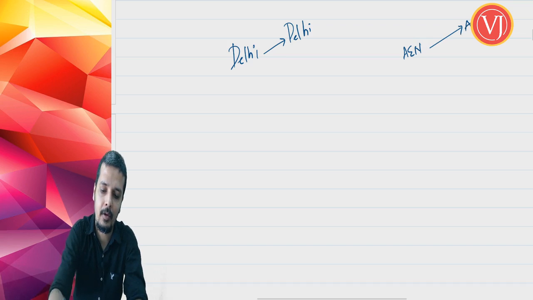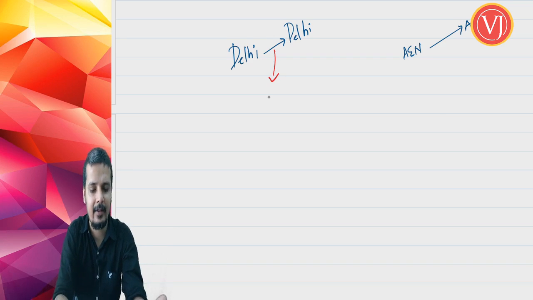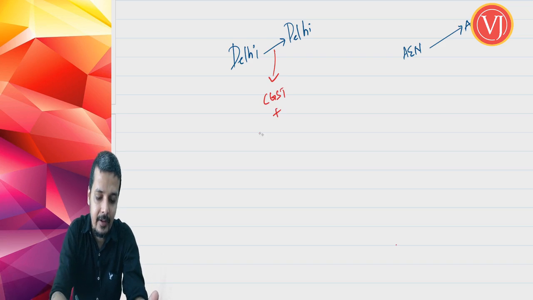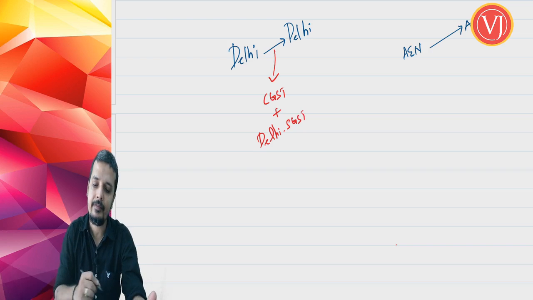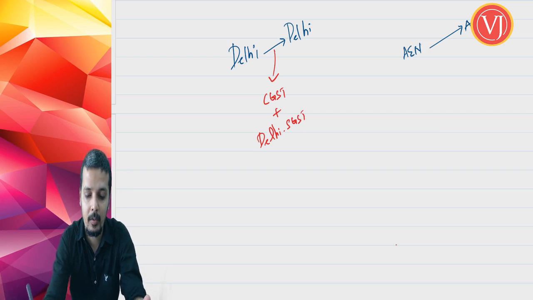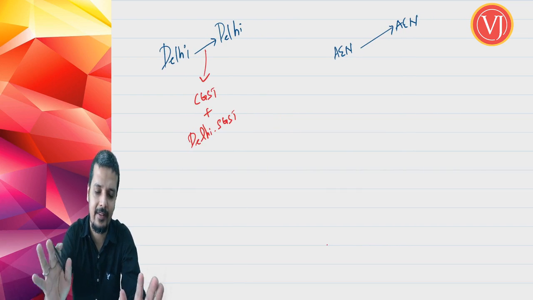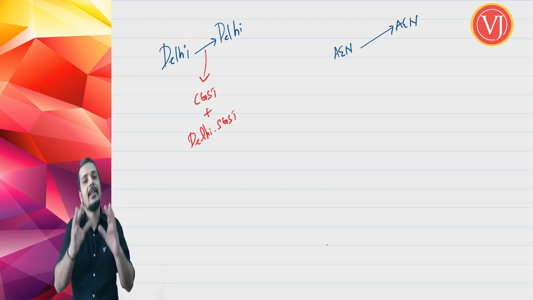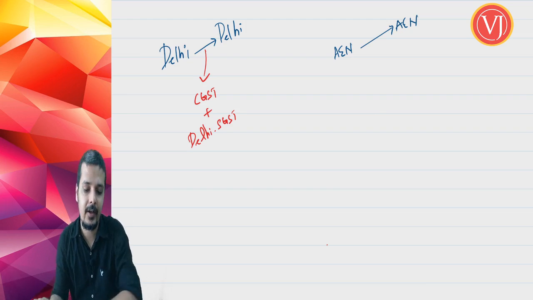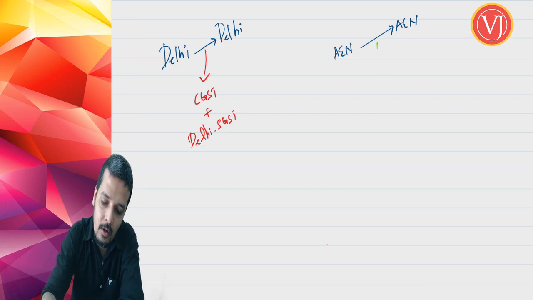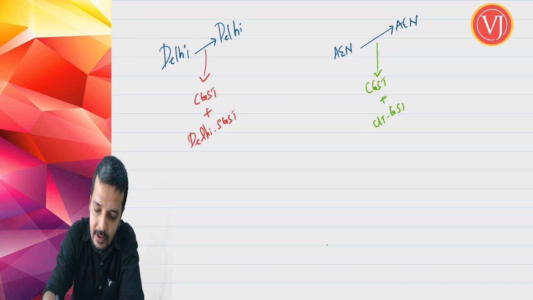If you're talking about Delhi to Delhi, the transaction will be an intrastate supply, and the taxes would be CGST plus Delhi SGST. Whereas with Andaman and Nicobar to Andaman and Nicobar, again it is an intrastate supply, meaning within the state or within that union territory. But the taxes now would be CGST plus union territory GST.